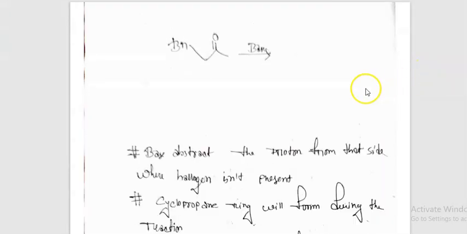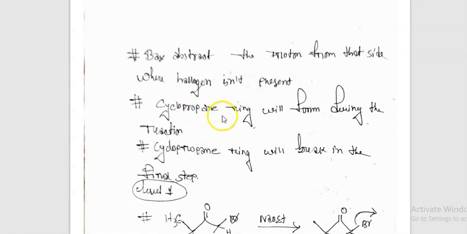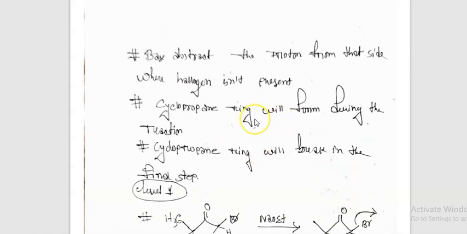The second thing is that the base abstracts a proton from that side where halogen is not present. And the third important thing is that the cyclopropane ring will be formed during the reaction. As you can clearly see here, the cyclopropane ring must form.